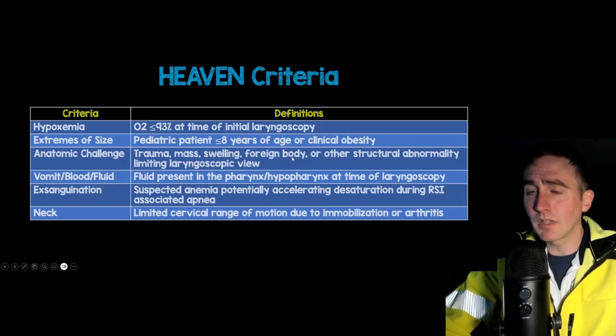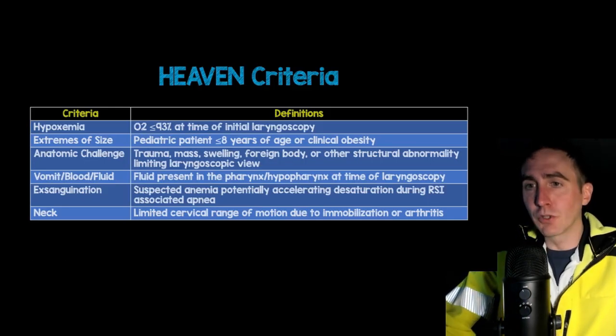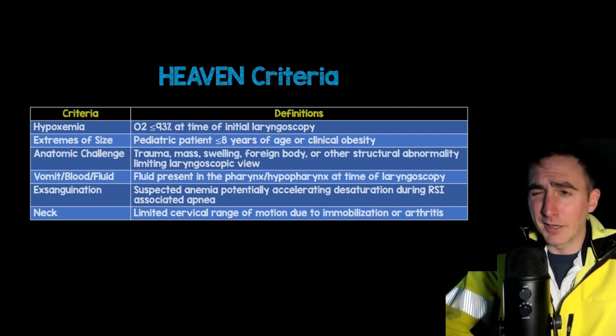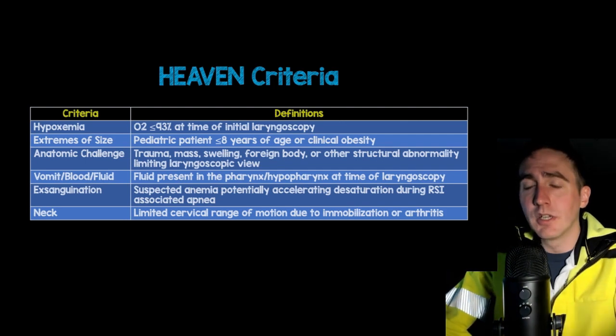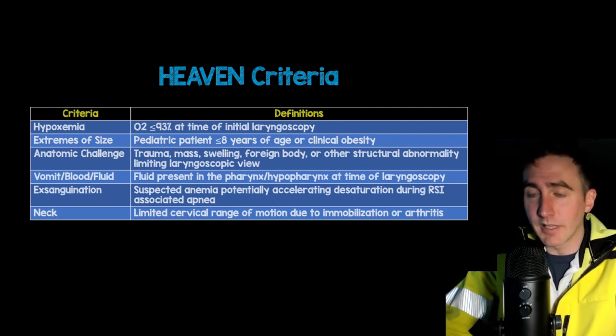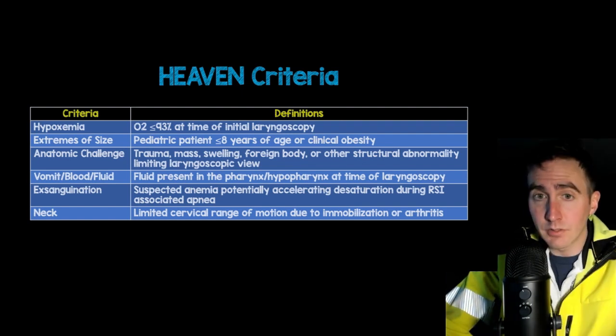Now, an acronym that was coined, I think this was by Air Methods, but they have studied this and they came up with some criteria. They call it the HEAVEN criteria, HEAVEN being the acronym for patients that are high risk for this procedure. Of course, we've covered the hypoxemia, the extremes of size, so too big and too small, anatomically difficult.